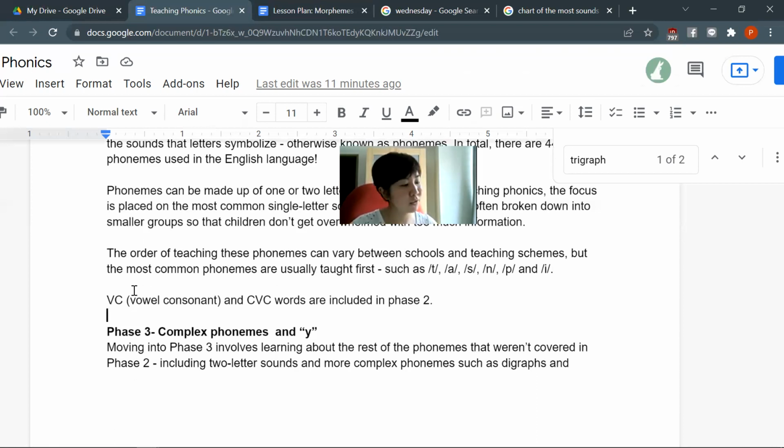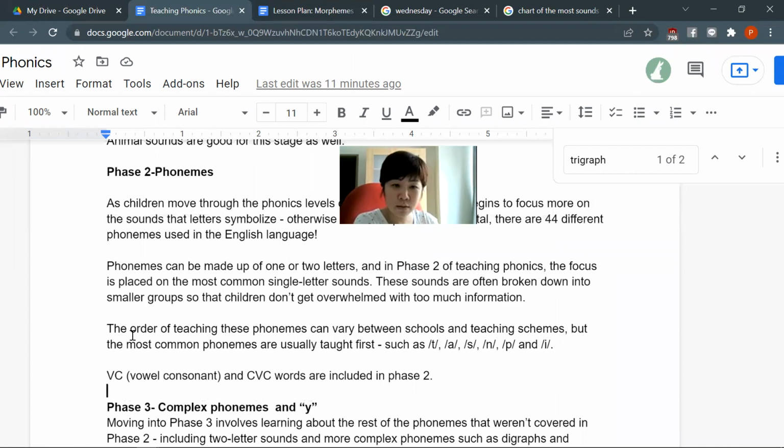Yes. Understood. So this is when you start with the VC and CVC words. By phase 2, they should be able to read VC words, like it. Usually when people say CVC, they're including VC. My flashcards have hit, can, at, and even some more advanced ones, like snap.